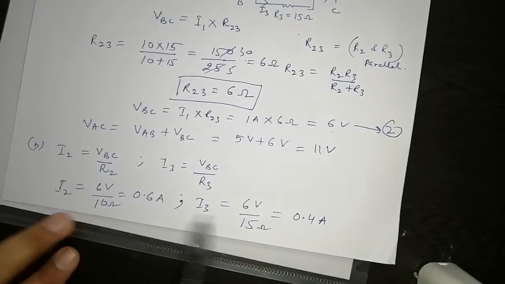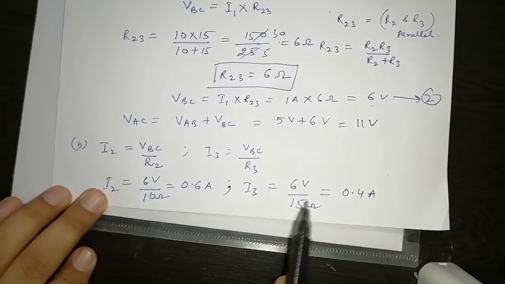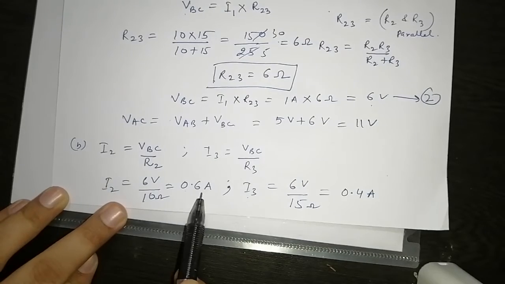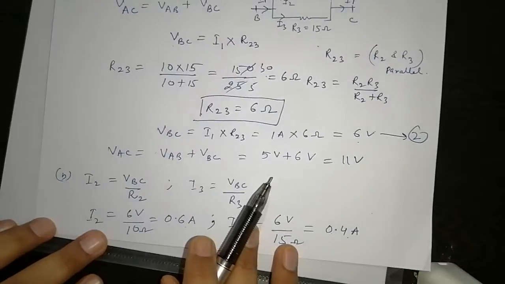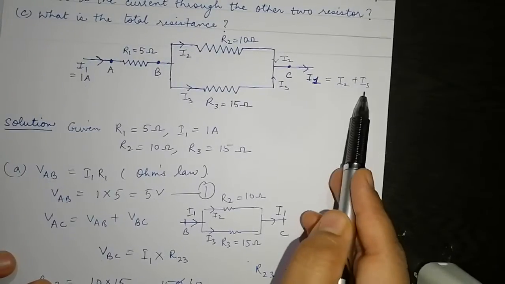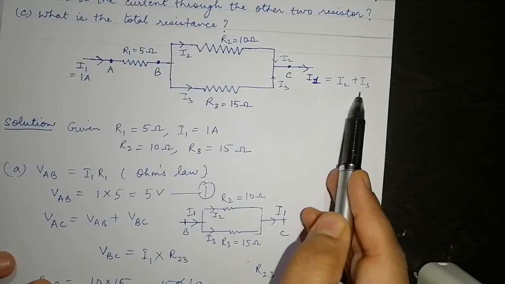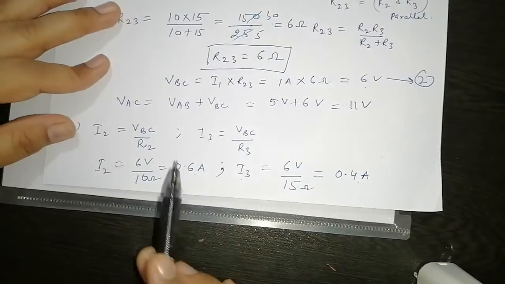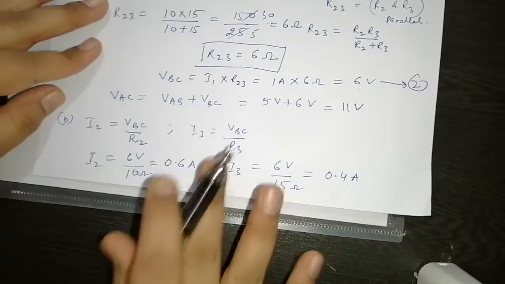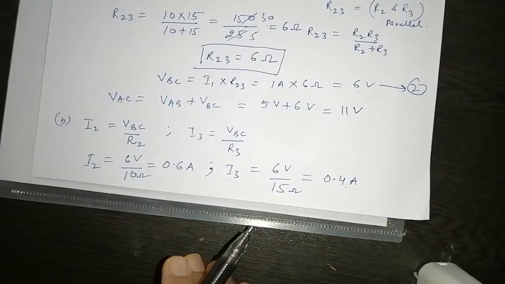Now students, you see that the sum of I2 and I3, 0.6 plus 0.4, comes out to be 1 ampere, right? And we know that I2 plus I3 should be equal to I1, and I1 is 1 ampere. So in a way we have cross-checked also. So in this way we can say that our answer is right.